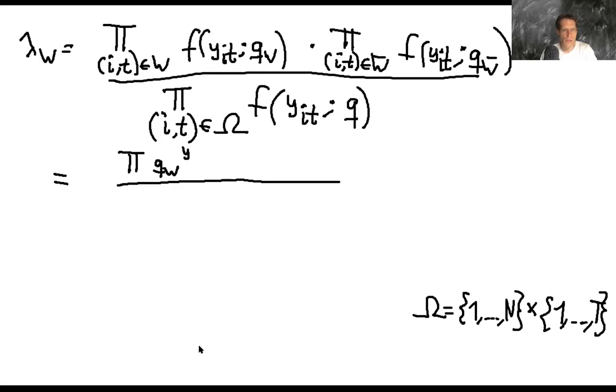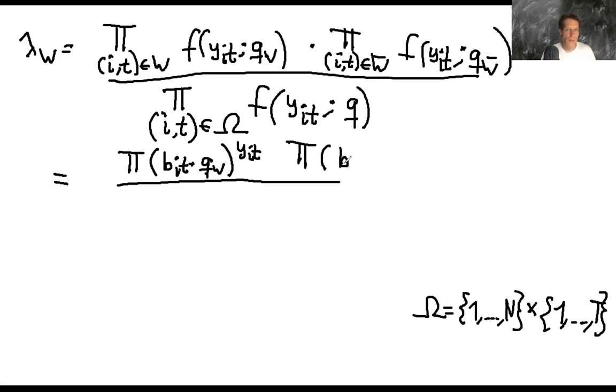Small mistake. It's not simply the q. We need the full stuff here. That would be the bit, the parameter times the qw, to the power of yit. And then for the other, again, this is this product here. I'm simply going to be lazy and not write the denominator here.